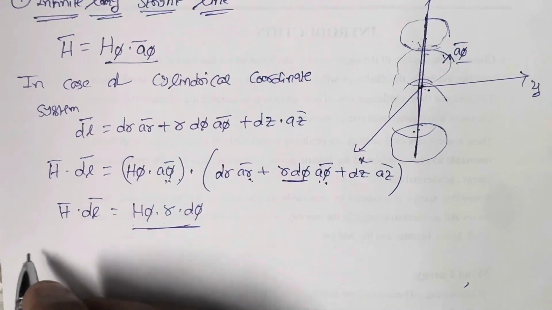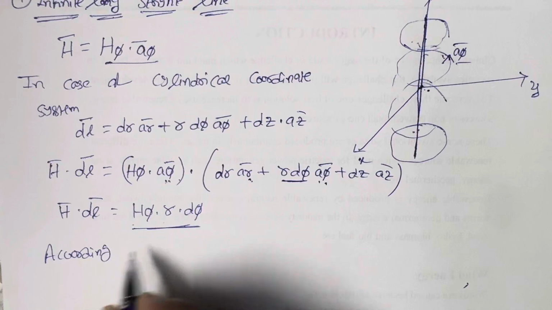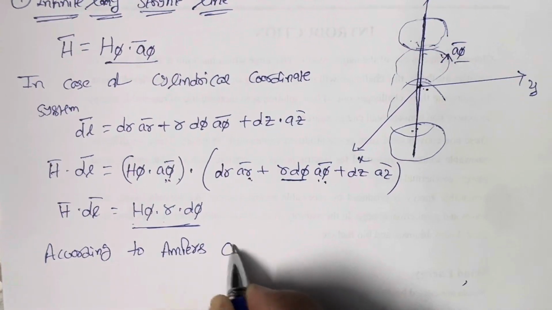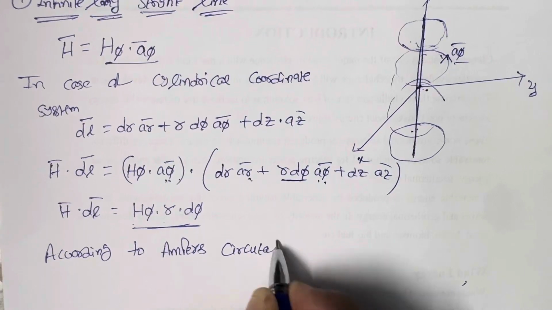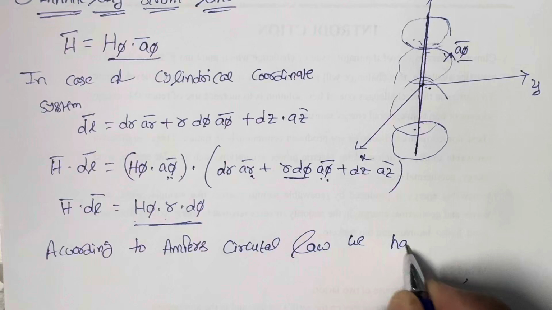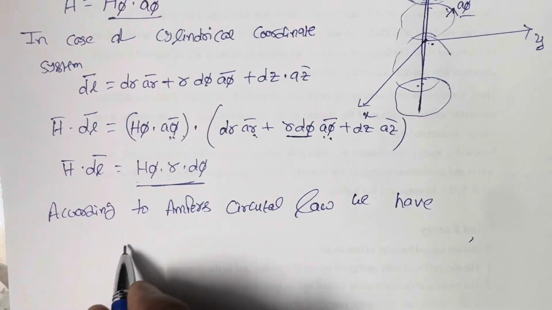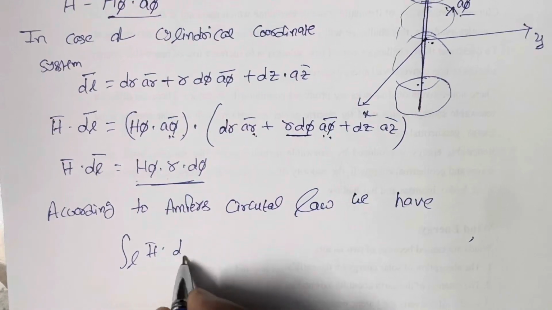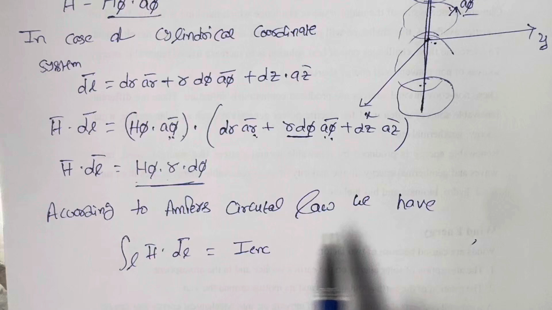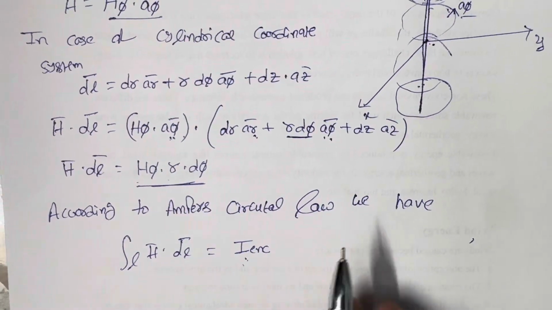According to Ampere's Circuital Law, the line integral of H bar dot dl bar equals I enclosed. This is the statement of Ampere's Circuital Law. We have already proved it in our previous topic.